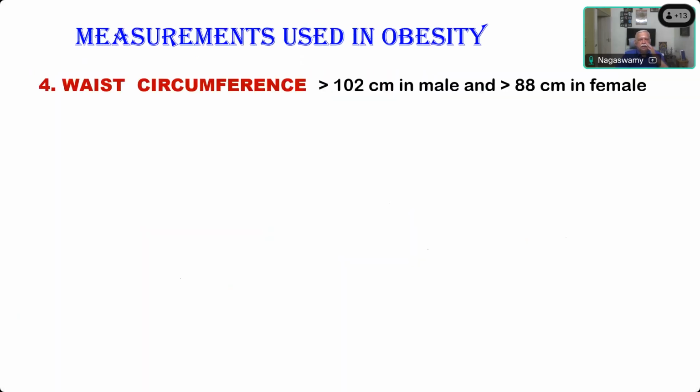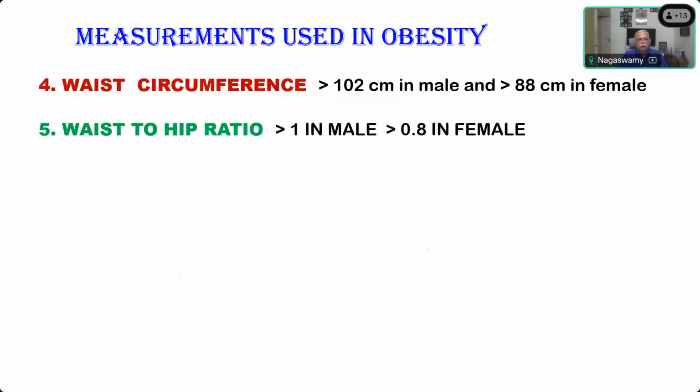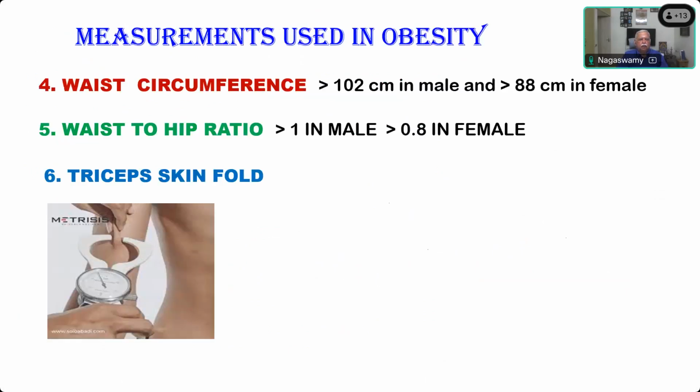And the other measurements are waist circumference, more than 102 in male and more than 88 in female. Waist to hip ratio, more than 1 in male and more than 0.8 in female. And tricep skin fold, which is measured using a caliper like this. Do you know the name of this instrument? Caliper. Harpenden, Harpenden calipers, very good, right.